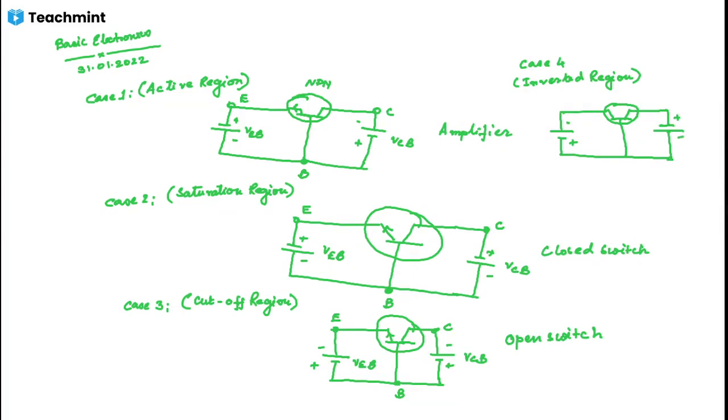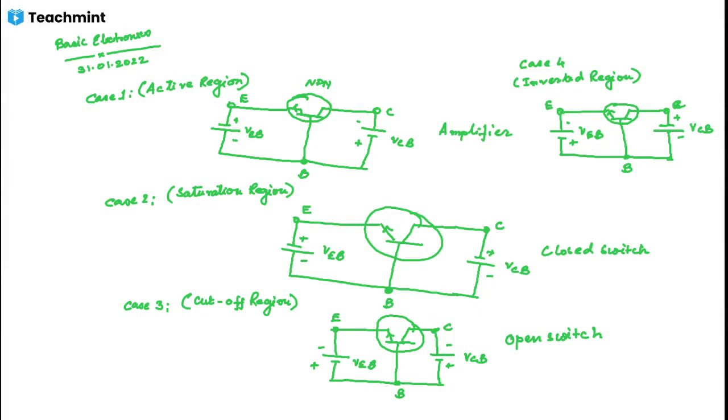So this is VEB and this is VCB. Okay, so this is the emitter, this is the base, sorry, this is the collector, and this is the base.